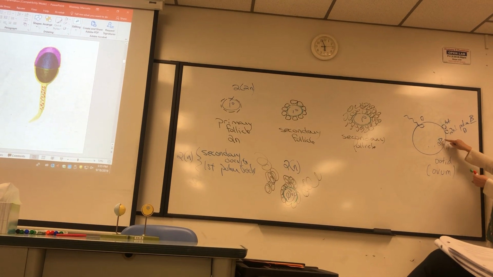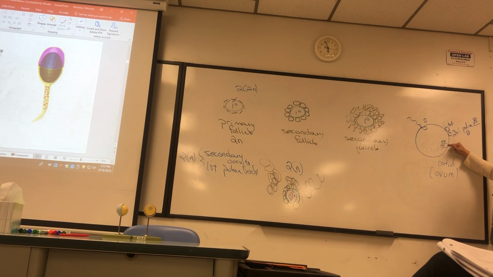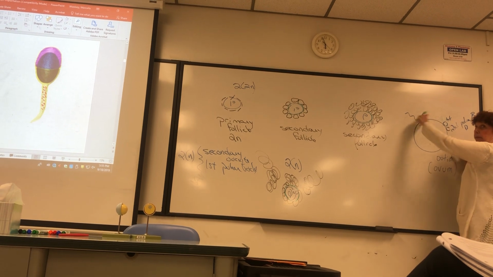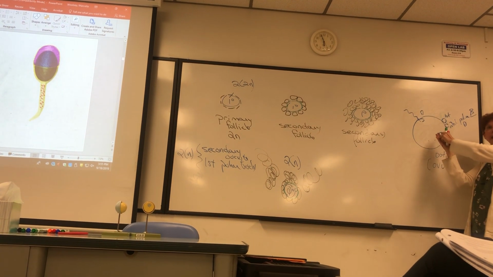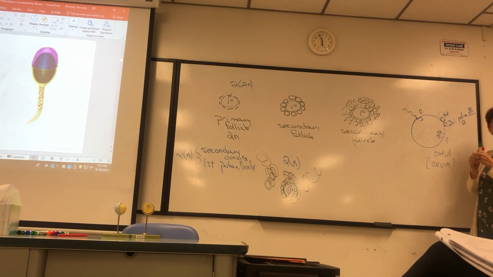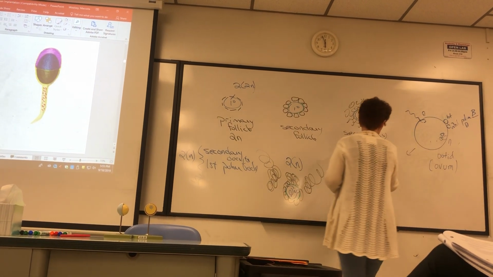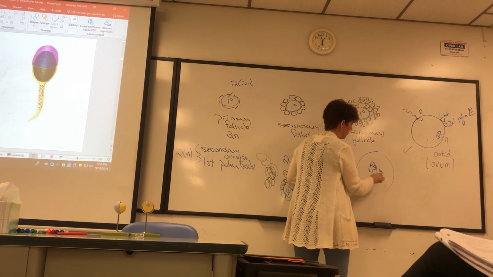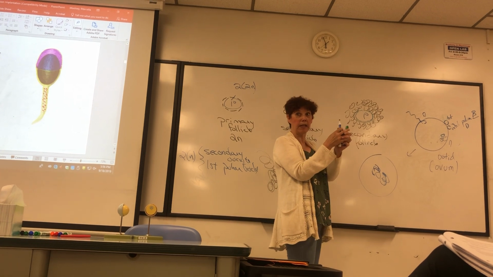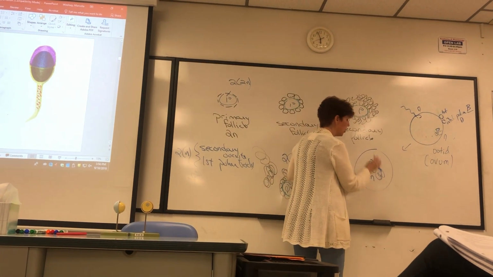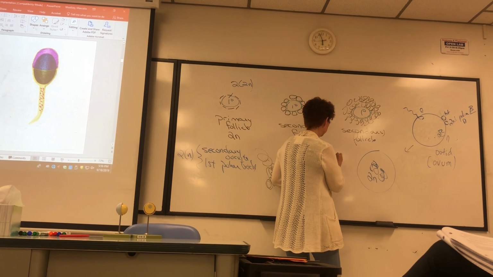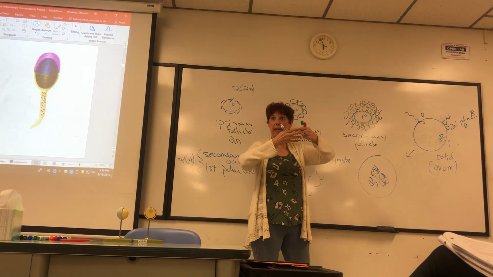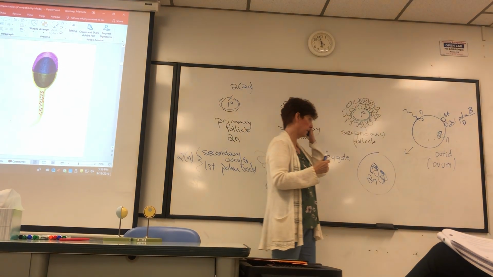So we have the female pronucleus, which is N, and the male pronucleus, which is N, that are separate, okay? When they come together to match up as a new 2N, we have the male's chromosomes and the female's chromosomes merging together into one nucleus that is now 2N. That is our zygote, a single cell with a unique pairing of 2N chromosomes.